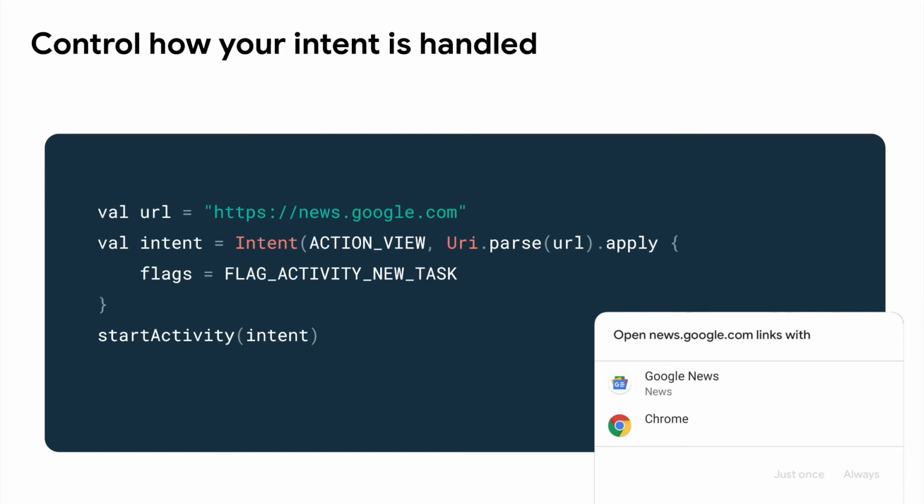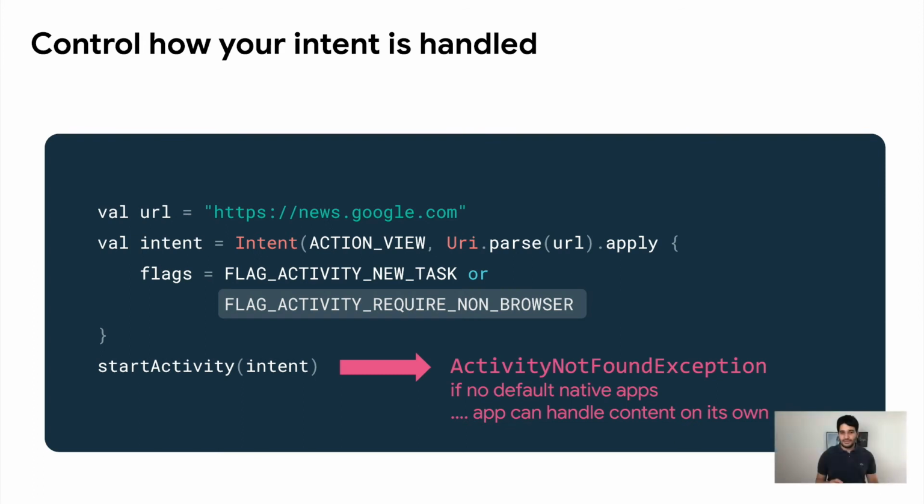The flag activity require non-browser allows you to get only the native application that can handle that. So applications that are not considered as browser, and to launch within them without having to see the browser in the launch dialog that I just showed.